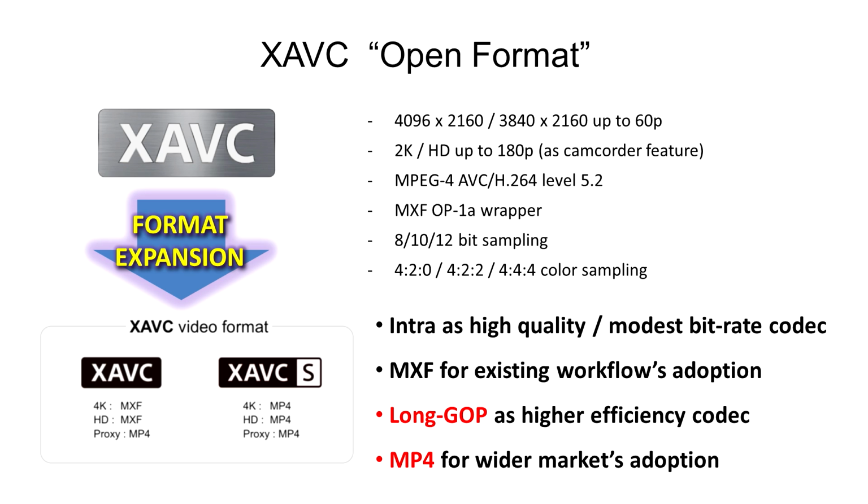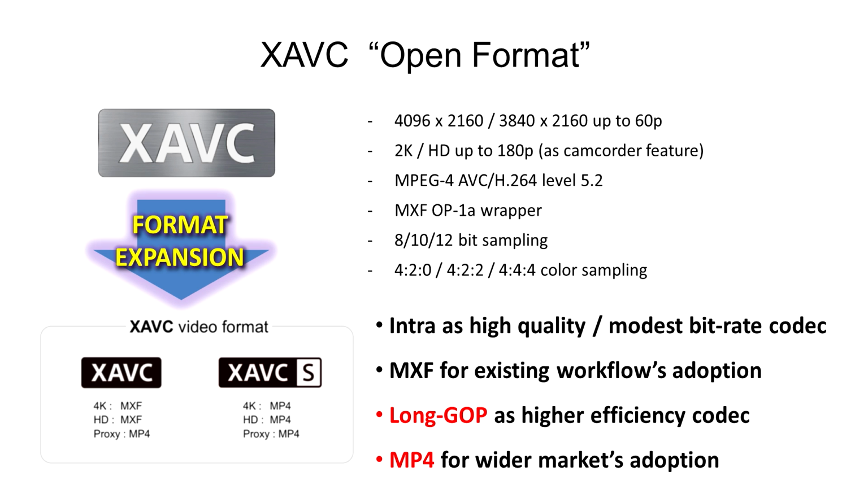It doesn't have the freedom quite yet to move to intra. We don't see that happening in the consumer space. And also the file format is going to be MP4, not MXF. And also in proxies, when we do proxies for wireless transmission, we will employ the MP4 file wrapper as opposed to MXF. Then XAVC-S is constrained to be long GOP and MP4, while XAVC can have the freedom to be intra or long GOP implementation.